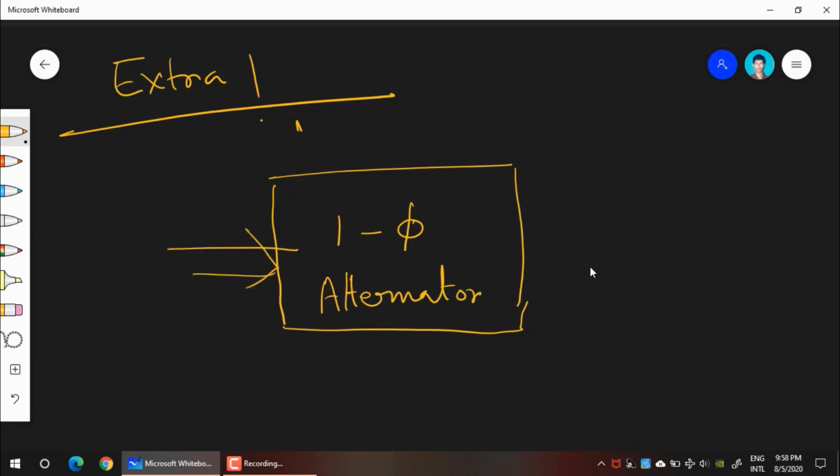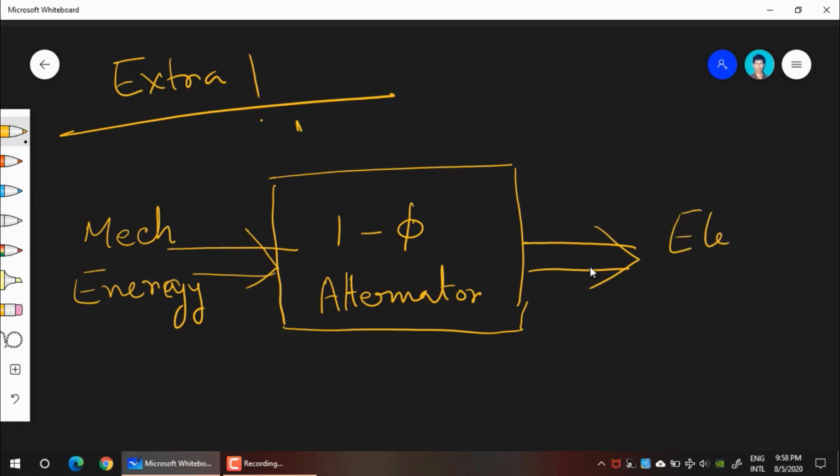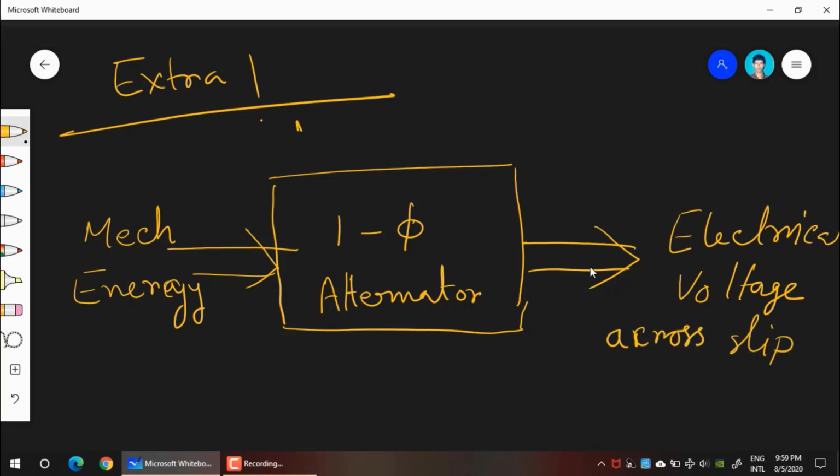You give mechanical energy here, you get electrical voltage across the slip ring.